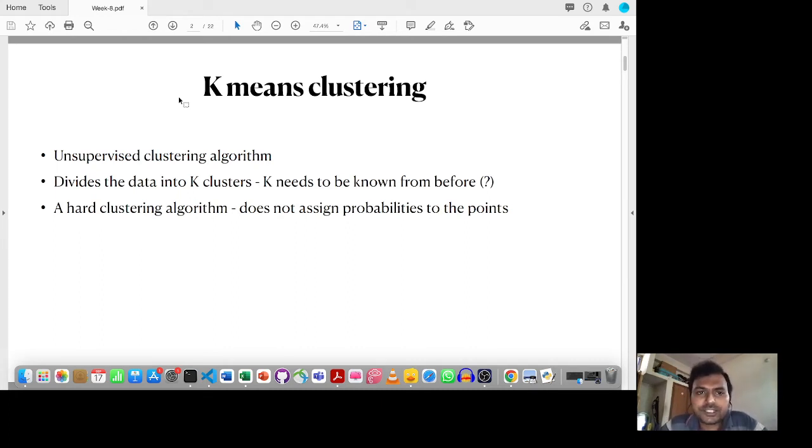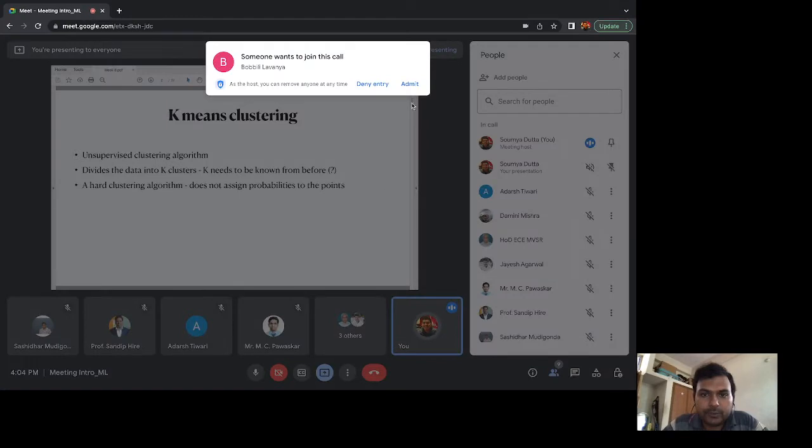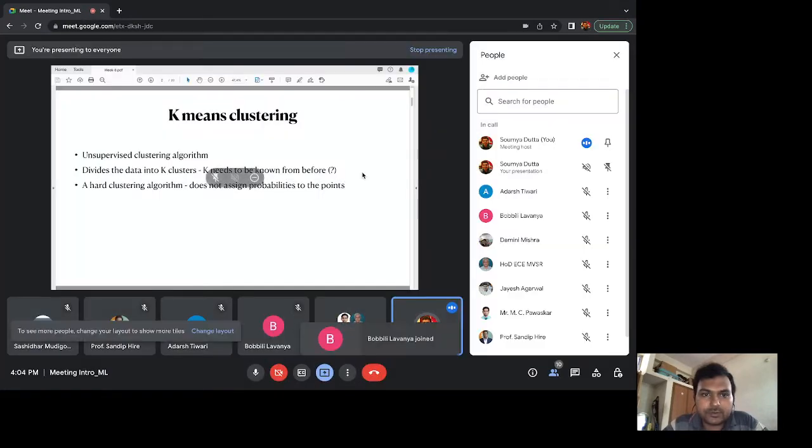So the first thing is k-means clustering. As all of you will know by now, clustering is an unsupervised algorithm. In k-means clustering, there are two major terms: one is k, the other is means.